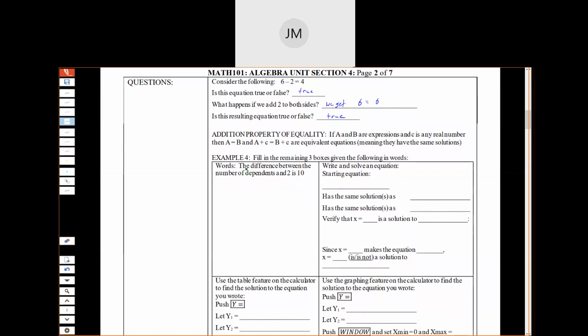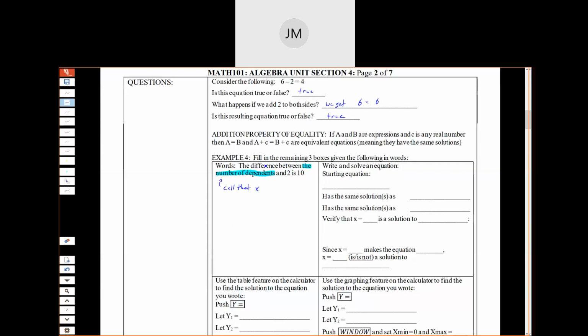Let's look at another example. The difference between the number of dependents and 2 is 10. So what I want to do to begin with is give a variable to this unknown thing. I'm going to represent the number of dependents with a variable x. The word difference tells me that there's subtraction.